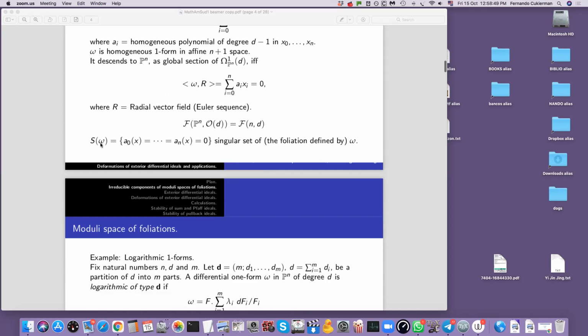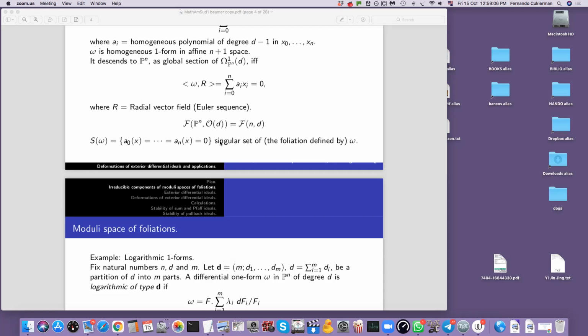For such a form omega, the singular set of omega is the set where all the coefficients vanish. Okay, so this is an algebraic subset of Pn, which has its own interesting geometry.